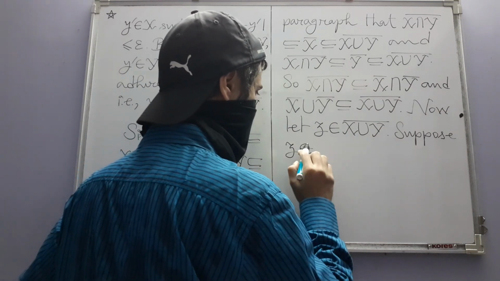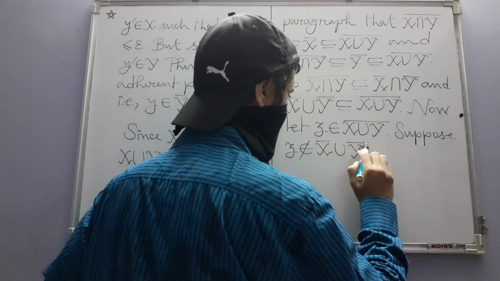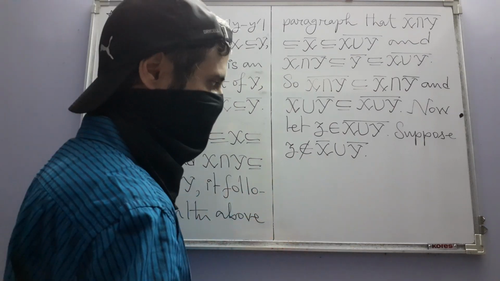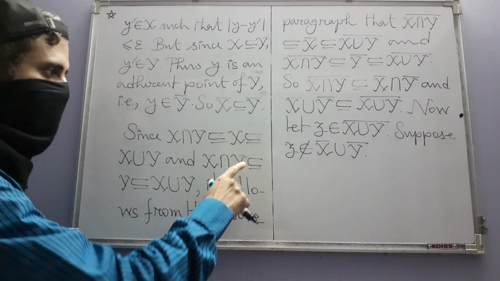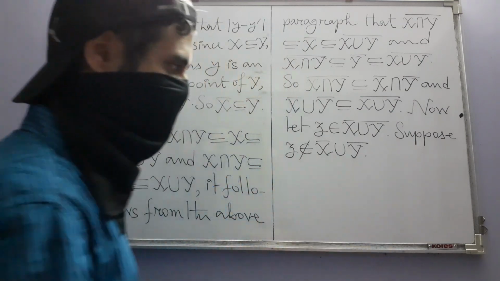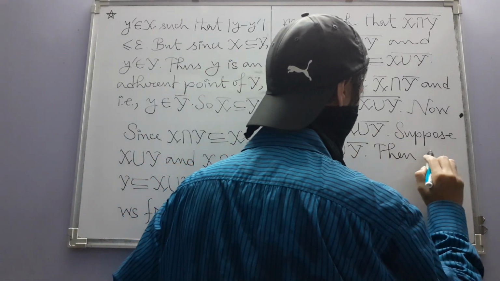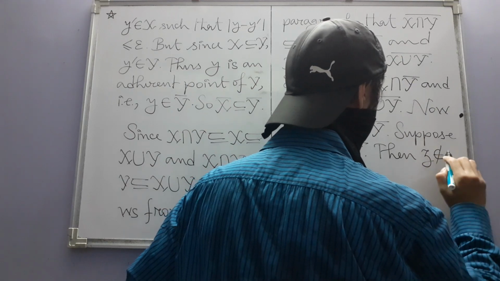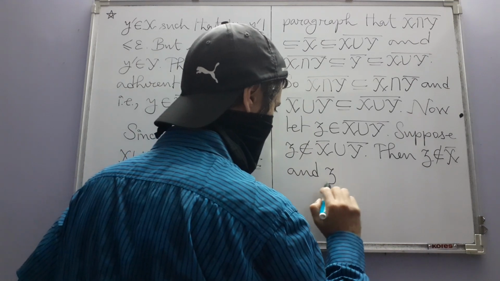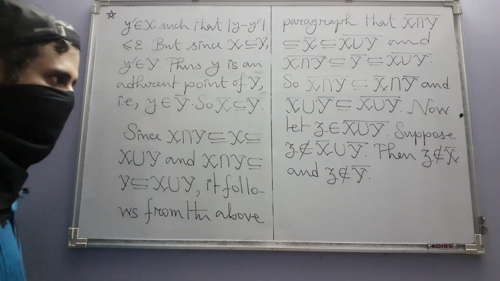Suppose this does not belong to this union. Now an element not being in the union of two sets means that it belongs to neither of them, because if it belongs to at least one of them, then it belongs to the union. Then this does not belong to X bar and this does not belong to Y bar.